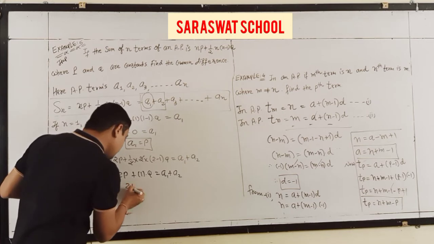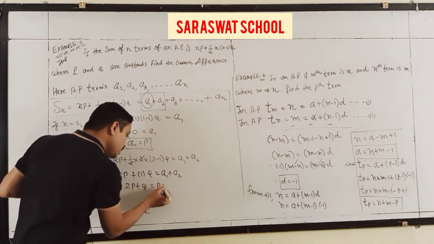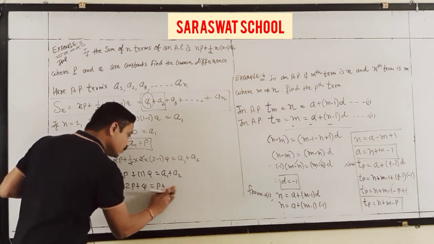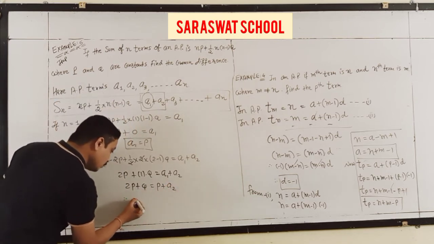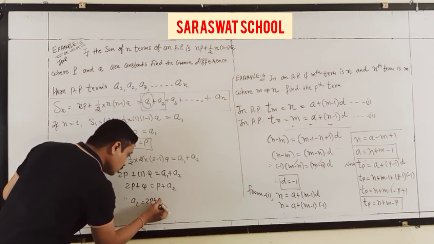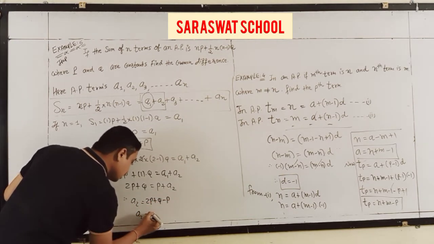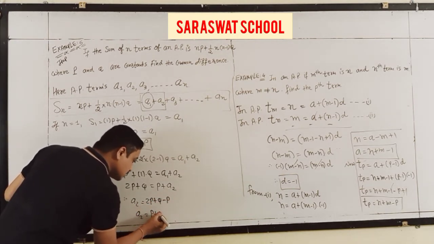So 2p plus q is equal to p plus A2. Now subtract it. So what is your A2? 2p plus q minus p, so A2 is p plus q.